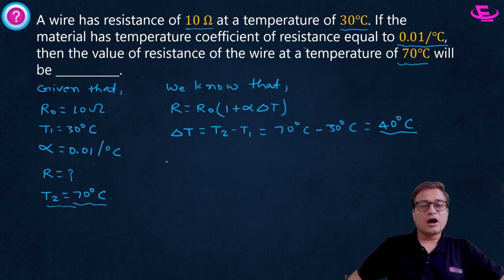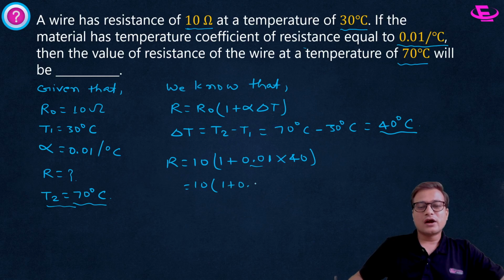Clear? Now you write R equals R naught, that is 10, into 1 plus 0.01 into 40. Now what will it become? It will become 10 into 1 plus 0.4.